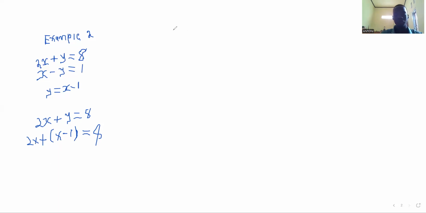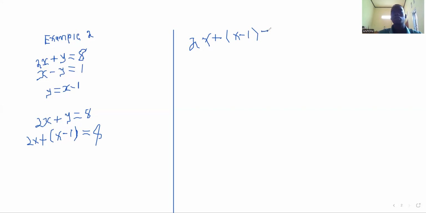So seen here, 2x plus x minus 1 is equal to 8.